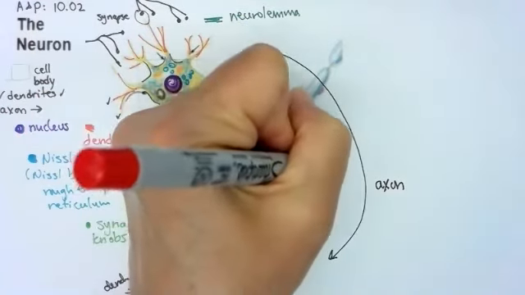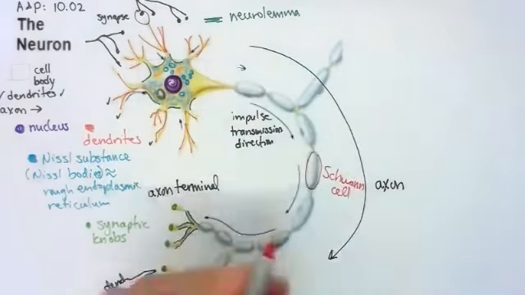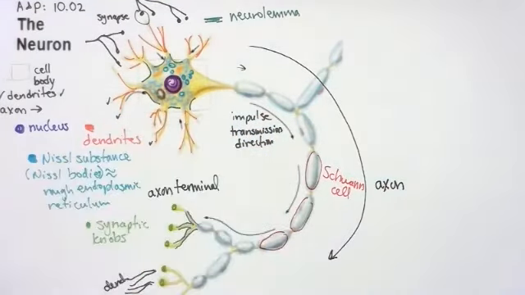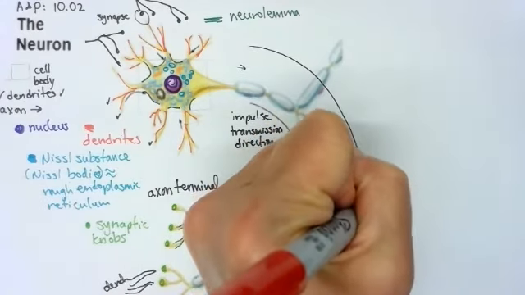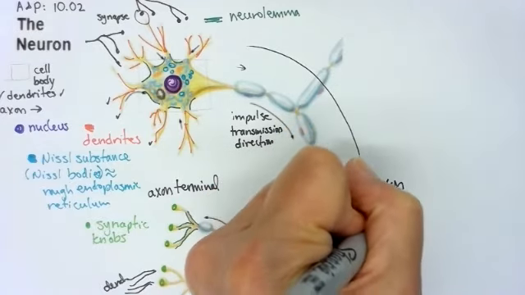So this is one Schwann cell, and this is a Schwann cell, and this is a Schwann cell. And they're basically cells that are just wrapped layers of fat.